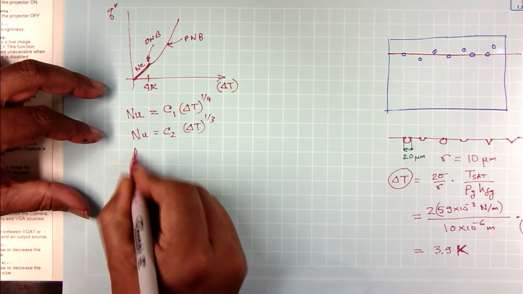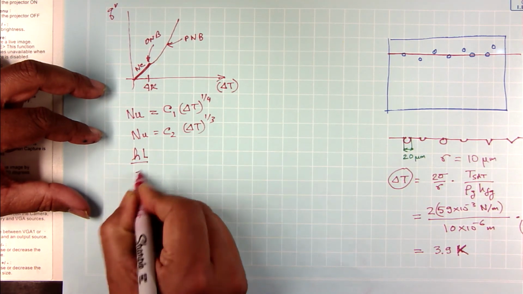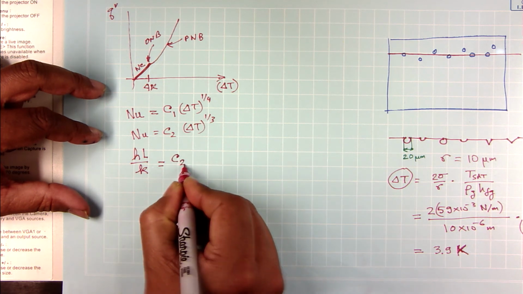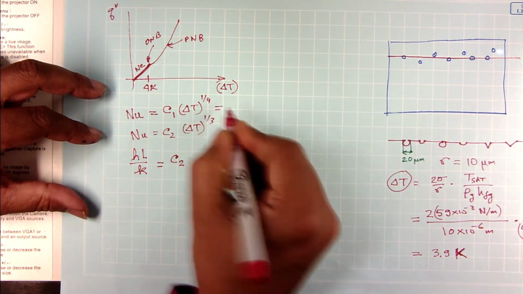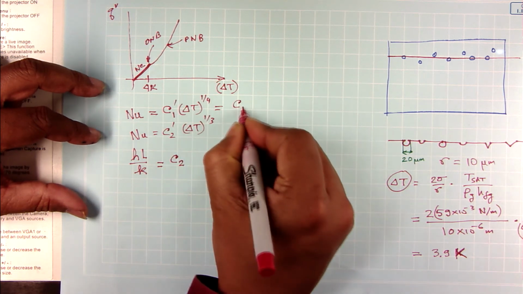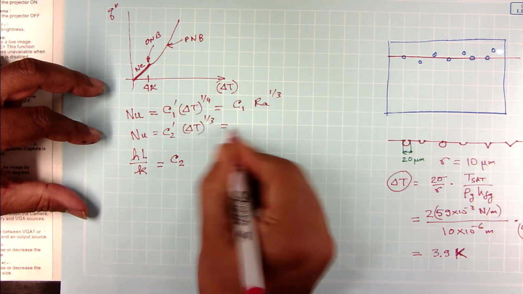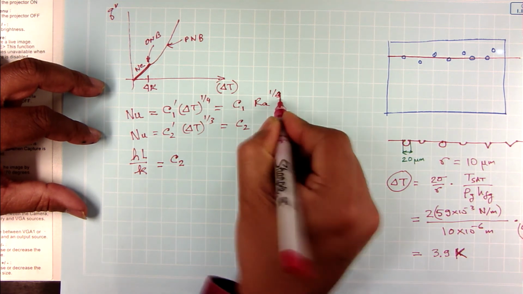So, Nusselt number is hL by k. Well, not really delta T. So, let us call it C1 times Rayleigh number to the power of 1/4.